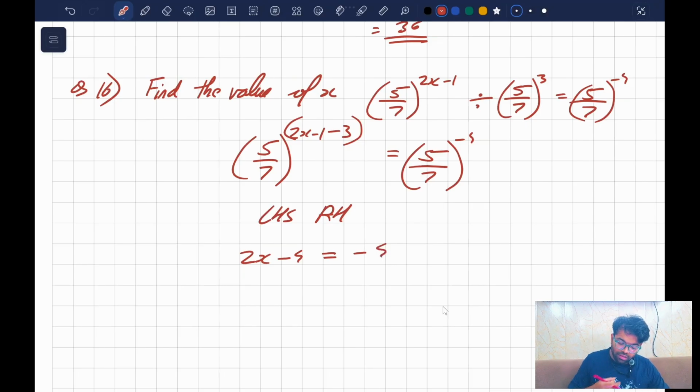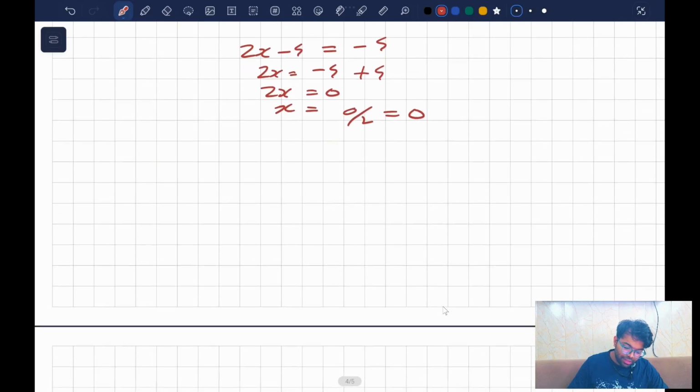Therefore 2x is equal to, आंसर क्या है x का तुम्हारा? So 2x is equal to 0, x is equal to 0 upon 2 is equal to 0. Clear? सही है। अगला 17th.